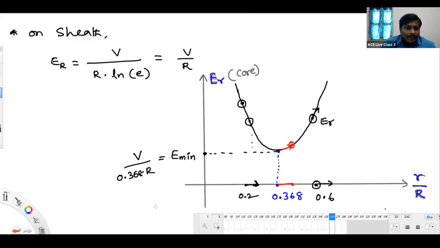So in the graph, I will be showing that this is a stable operating region and on the other side we have the unstable operating region.